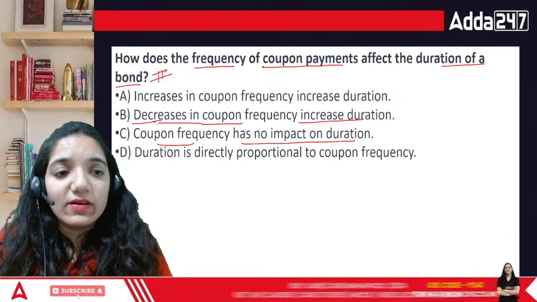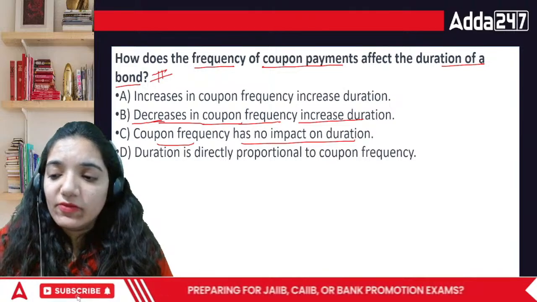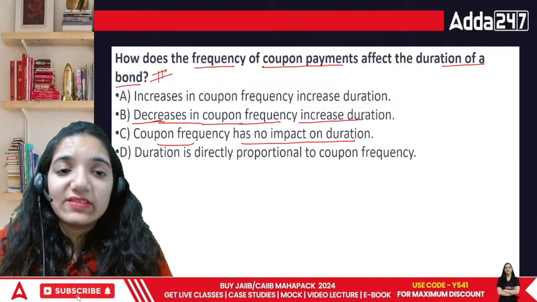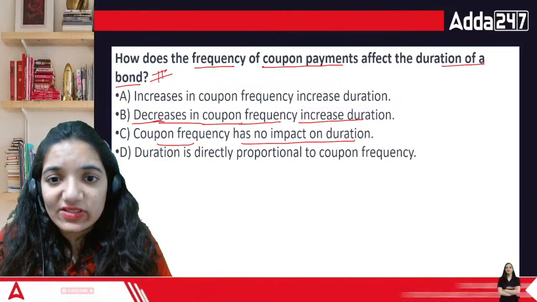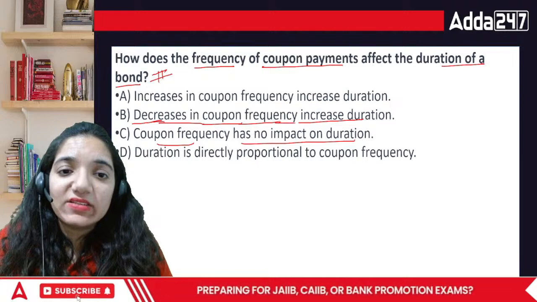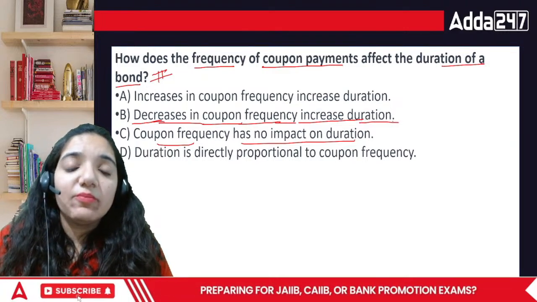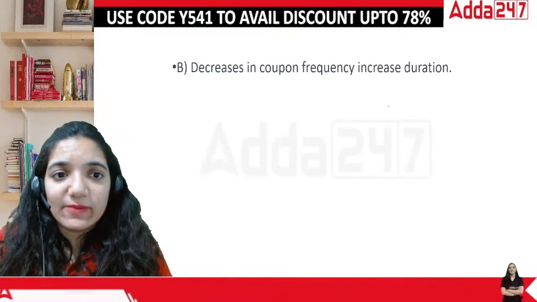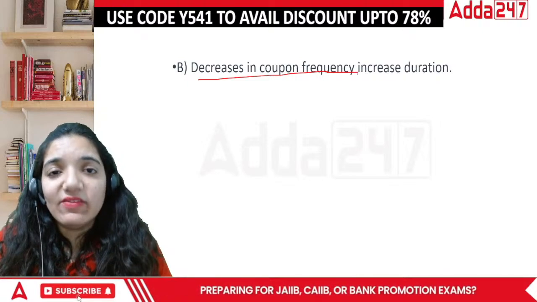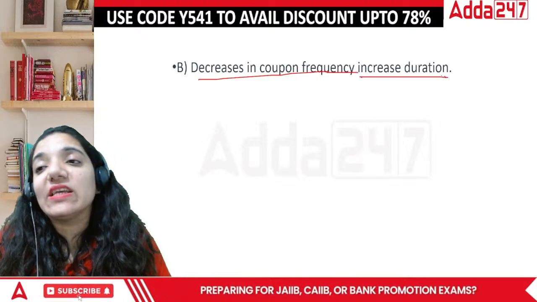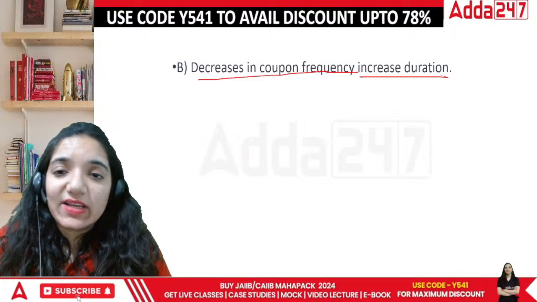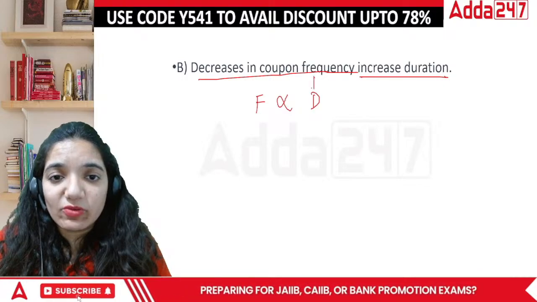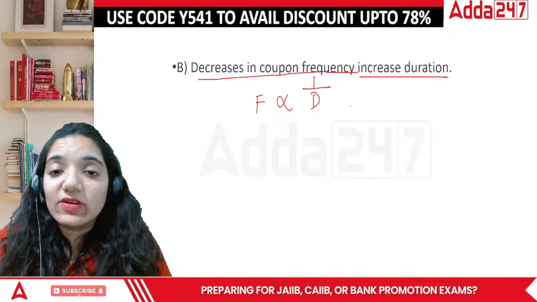If the interest and everything else is paid with a little delay, if the frequency is constantly decreased, this will increase the duration for that particular bond, right? So no, it is not directly proportional. The answer is B. The decrease in the coupon frequency, that is the portion of interest, will always increase the duration. So can I say frequency and duration have an inverse relationship? Not a direct relationship, they have an inverse relationship.